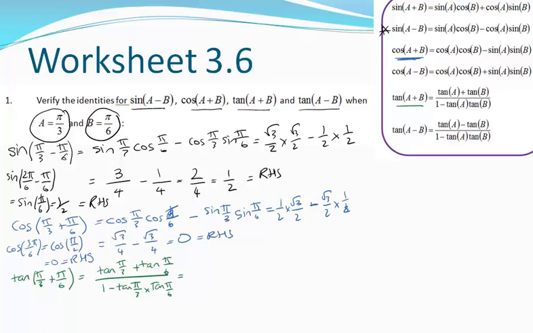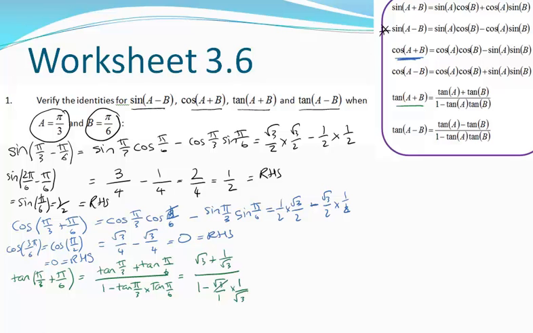We substitute our values in here. So tan of pi on 3 becomes root 3, plus tan of pi on 6 is 1 on root 3. Then we have 1 minus tan of pi on 3 is root 3, multiplied by tan of pi on 6 is 1 on root 3.